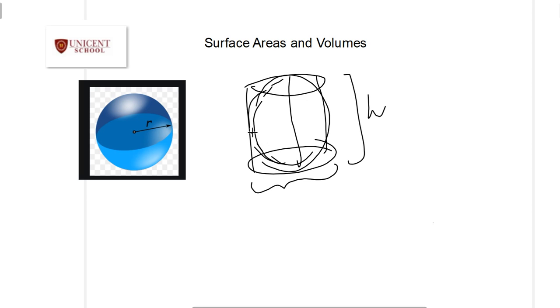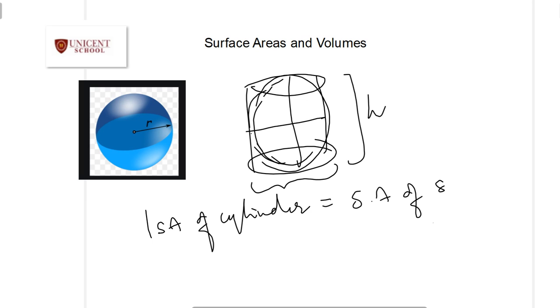Here the measurements are the same. So in that case, he said that the lateral surface area of the cylinder is equal to the surface area of the sphere.